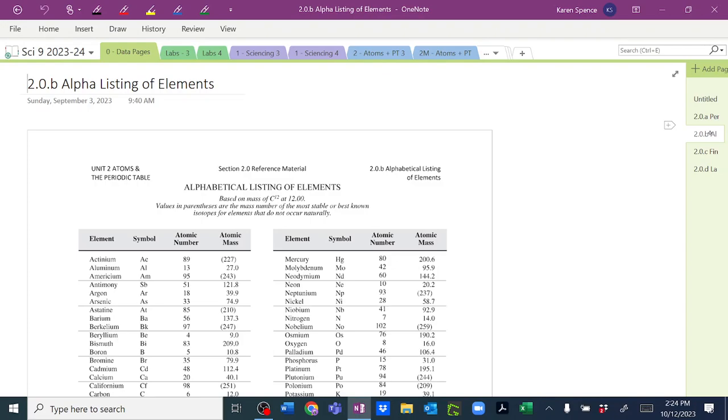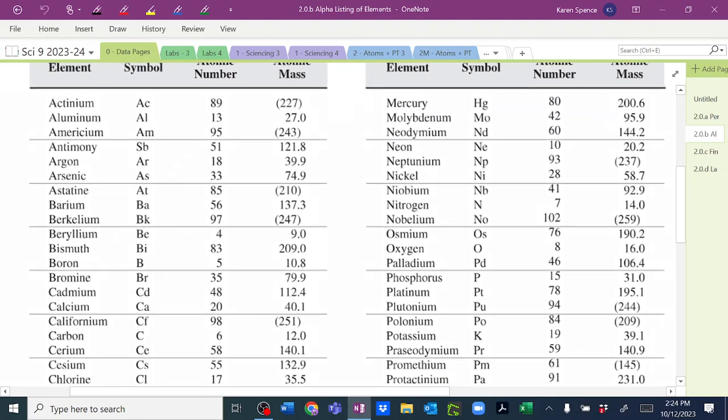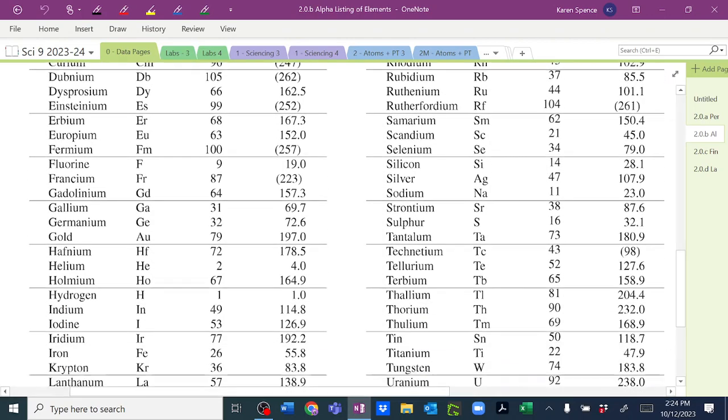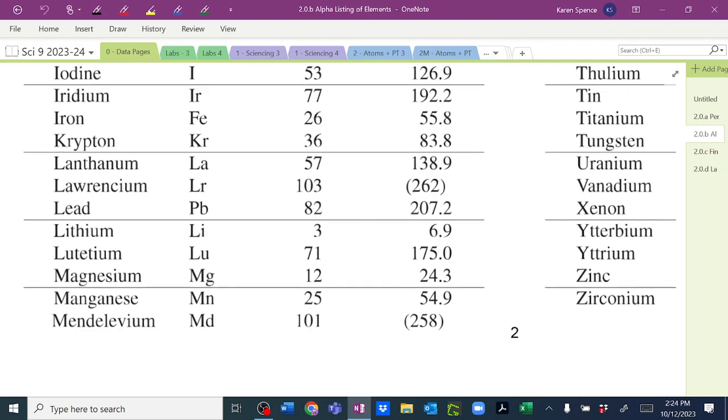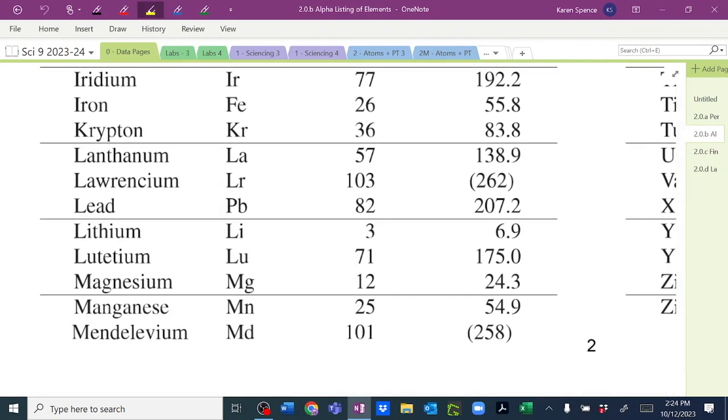You can use the back side of your periodic table, and it's got them listed alphabetically. Ooh, fancy, yes? So you can be like lead. Lead starts with L. So let's go down to where L is. Here's lead. And in this column, you have the atomic number.